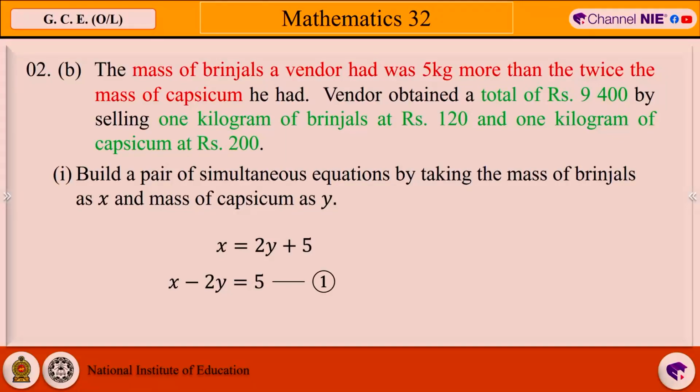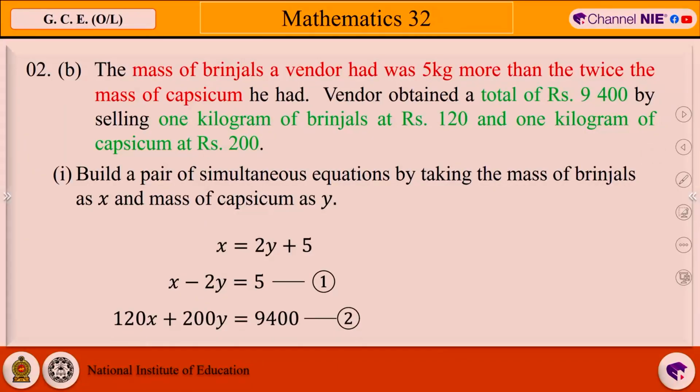and the second equation can be built up by the second sentence in this problem. What does it say? A vendor obtained a total of 9,400 rupees by selling 1 kilogram of brinjals at 120 rupees and 1 kilogram of capsicum at 200 rupees.